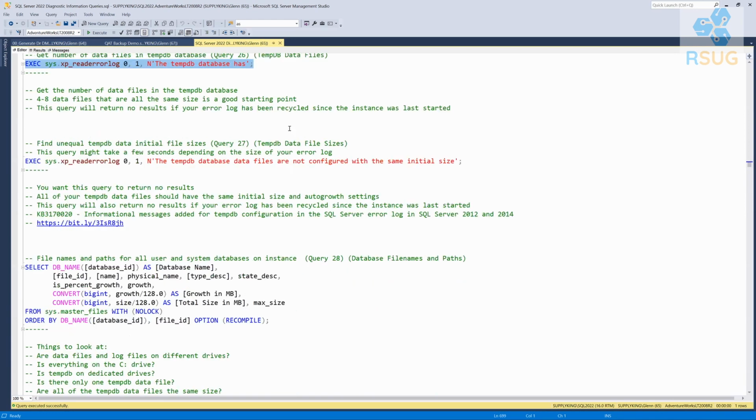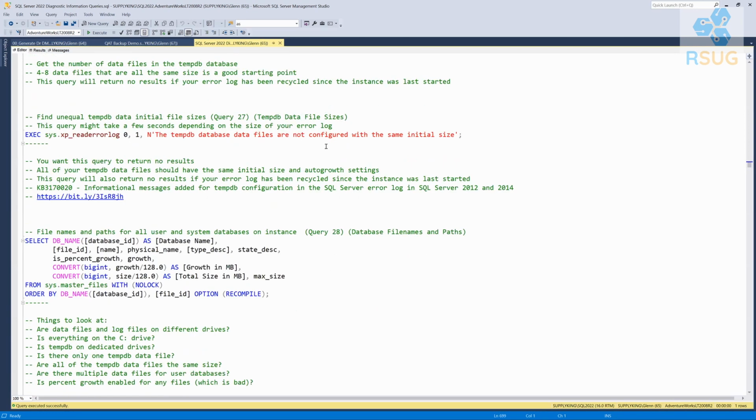And then something else I just added in the last month or so is this one right here. It turns out that ever since SQL Server 2012, whenever SQL Server starts, it checks to make sure your tempdb data files are configured with the same initial size and the same auto growth setting. And if it's not, it writes it in your error log to tell you about it. And most people don't notice that. So this will help you look for that.